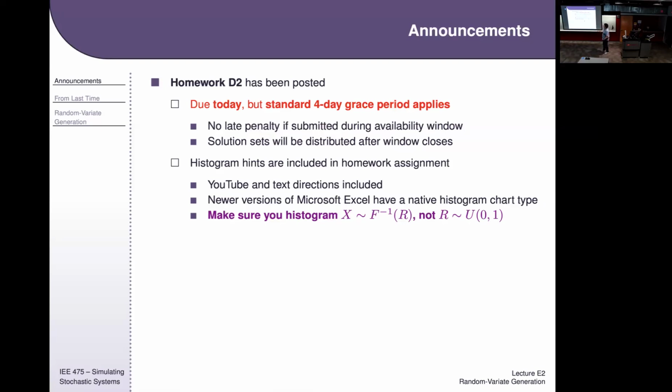A couple of things I mentioned last time, and adding to that: histogram hints are included in the homework assignment. If you haven't had to generate a lot of histograms, we had some practice on this in the lab. Just do that again when it asks you for that histogram when you generate those random variates. Instructions on those, I put in YouTube, and I've linked to some video instructions as well as some text instructions.